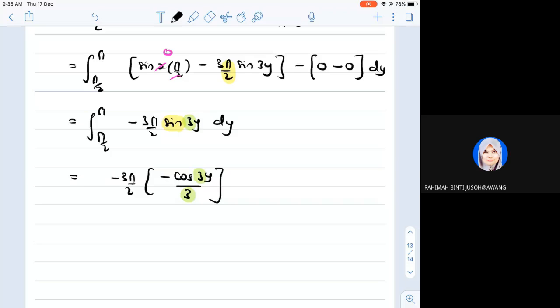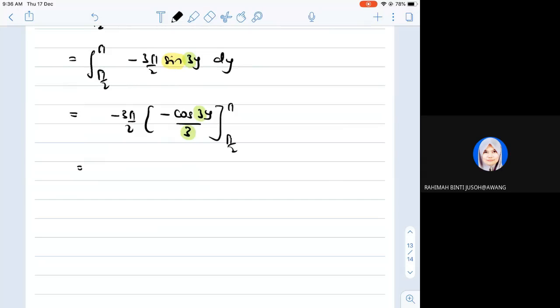Next, substitute the values pi over 2 until pi. Now this 3 can be cancelled, and the negative can also be cancelled, becoming positive. So it becomes pi over 2 times cos 3 pi minus cos 3 pi over 2. We know that cos 3 pi is negative 1, and cos 3 pi over 2 is 0. So therefore, the value is negative pi over 2. Okay, that's it.